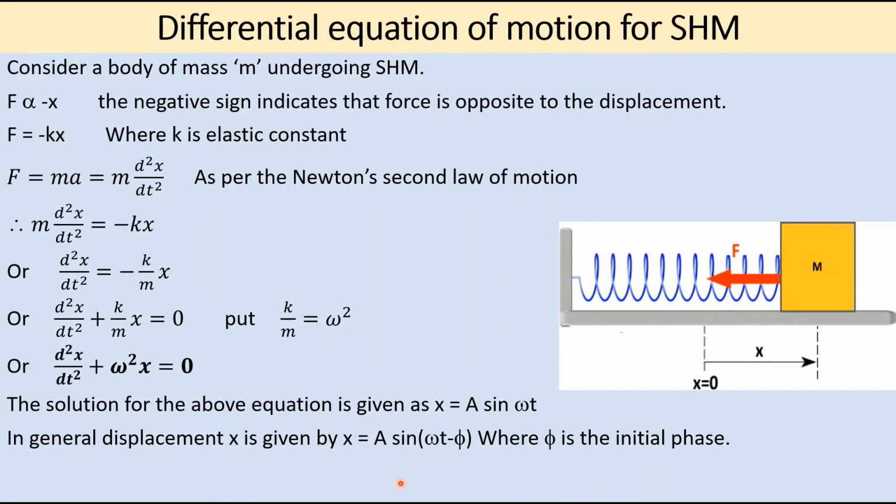So phi represents the initial phase, and in that case the displacement is given by x is equal to a sin omega t minus phi. This is the solution of the differential equation, where omega is the angular frequency, given by omega squared is equal to k by m. Therefore omega is equal to the square root of k by m, where k is the force constant and m is the mass of the body.